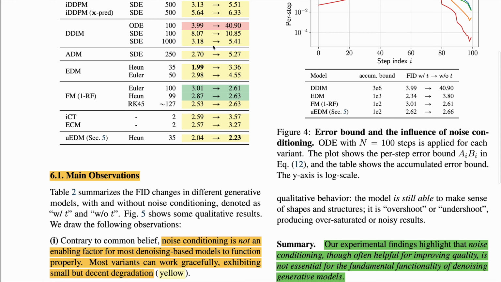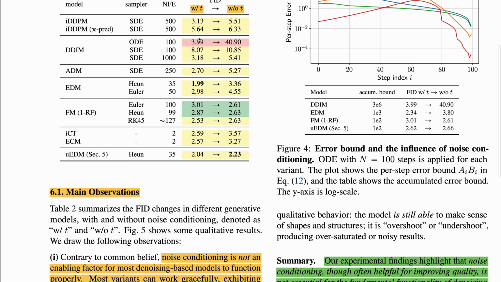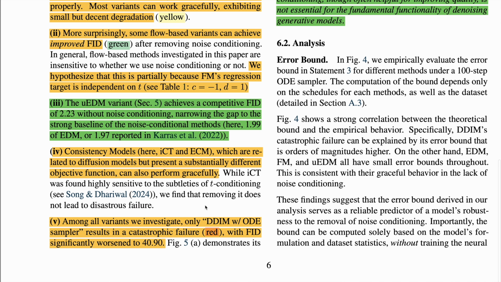Then you have results in red, where results get much worse without noise conditioning. It's mainly for DDIM. Here you have a huge drop in performance. I don't think they mention anything. Okay, they don't mention any hypothesis on why. And for the consistency model, they don't lose much, they perform gracefully without noise conditioning.